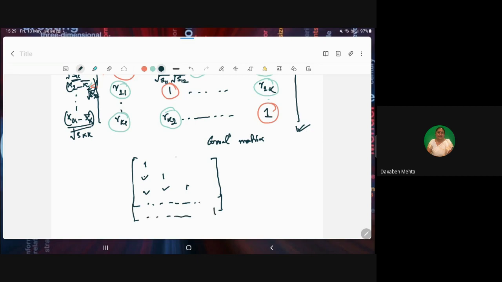Why is this part not written? Because it is the same values as here, so it is not written in the software results. That is the interpretation of the correlation matrix. You can take simple examples and work through them.